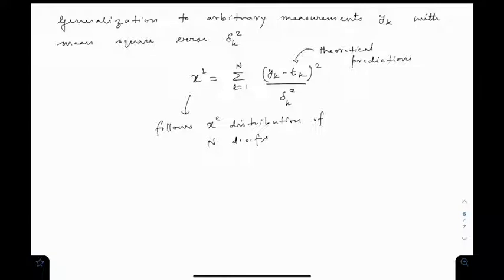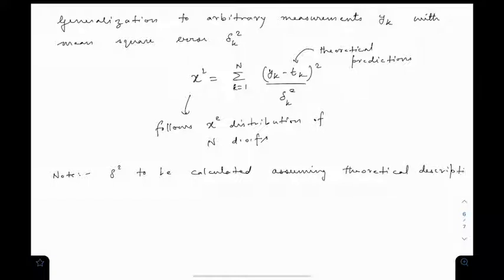I must note that delta squared is to be calculated assuming that the theoretical description which is to be tested is correct. This means that normally the raw measurement error cannot be inserted.